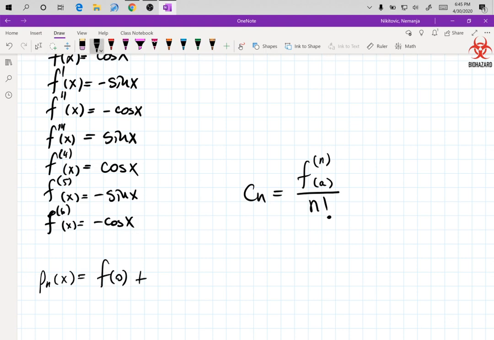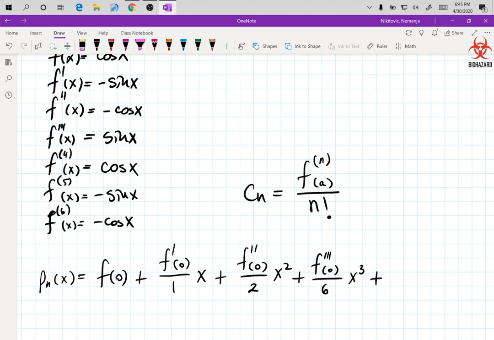So f of 0 plus, for n equals 1, the first derivative computed at 0 over 1 times x, plus the second derivative computed at 0 divided by 2 times x squared, plus the third derivative computed at 0 divided by 3 factorial, which is 6, times x cubed, plus, maybe I should put these factorials in, the fourth derivative at 0 over 4 factorial, plus the fifth derivative at 0 divided by 5 factorial, plus, and I'm going to put 3 dots there, even though I have a sixth one, we can add it later.